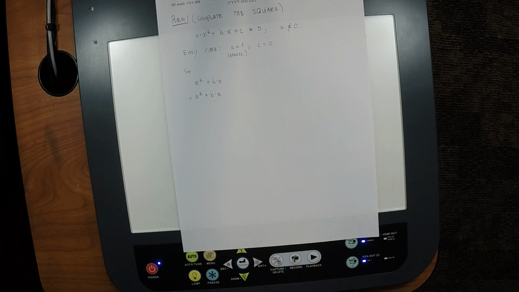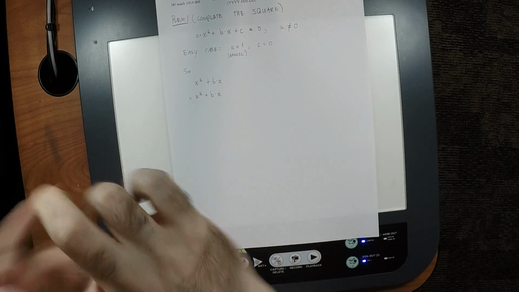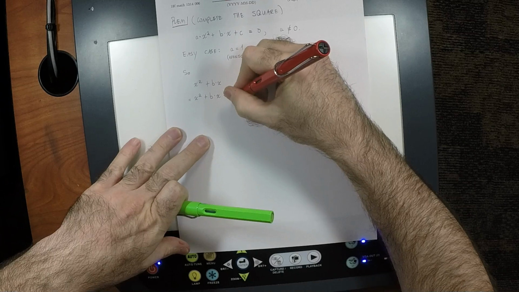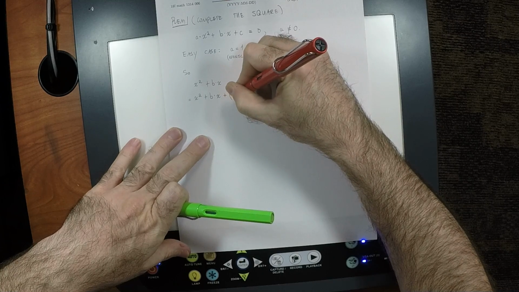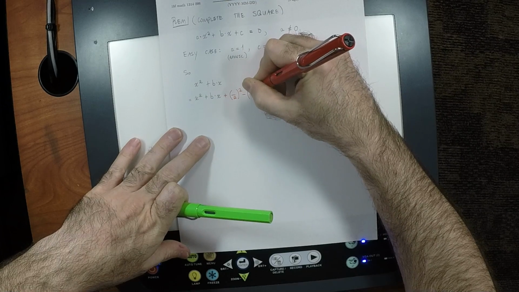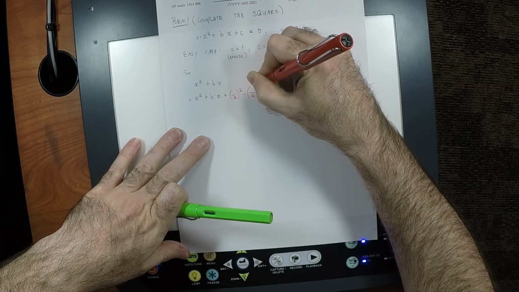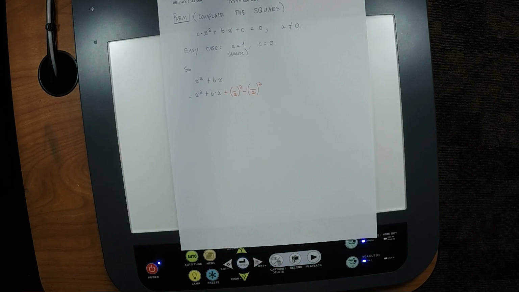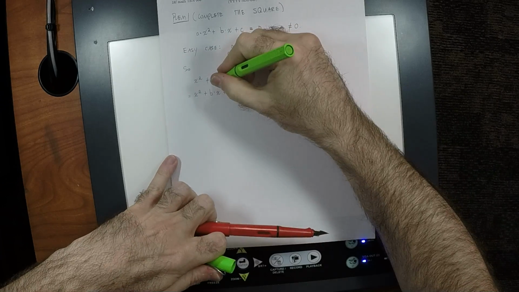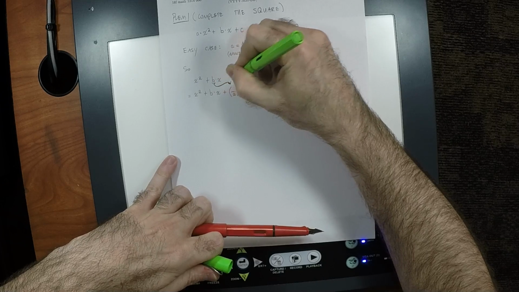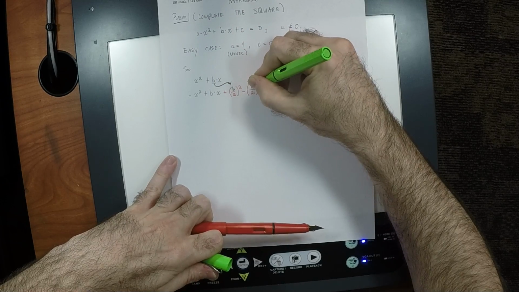Remember, we add this something and subtract the same thing: something over 2 squared, and then subtract the same something over 2 squared. My question is, what goes in that numerator? The b does, right? So that's b there.